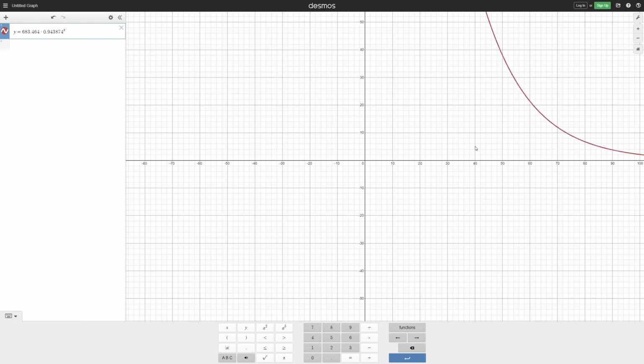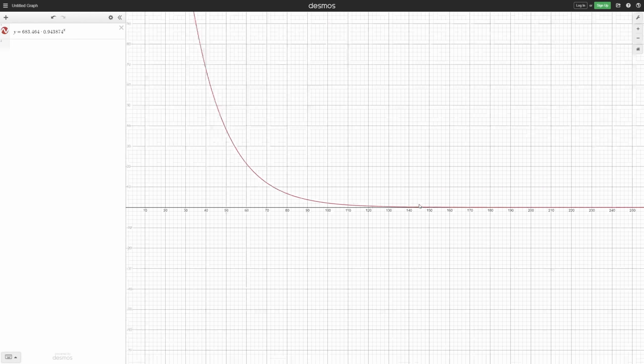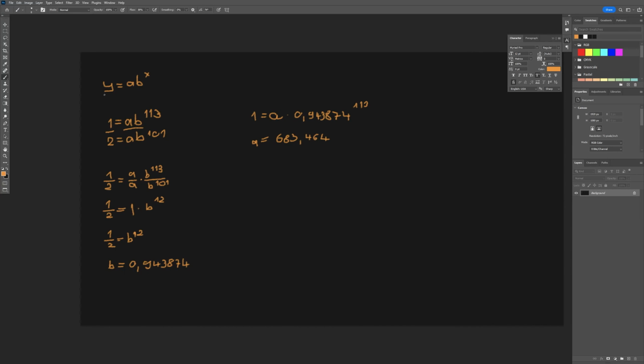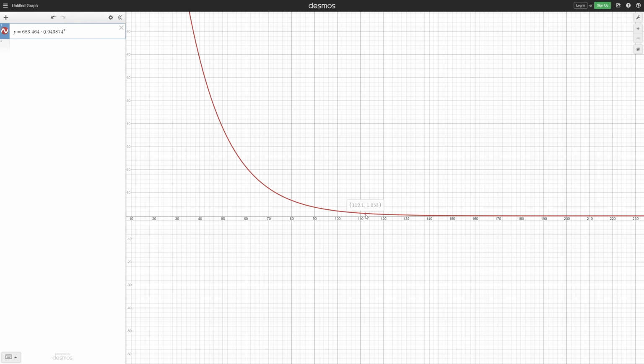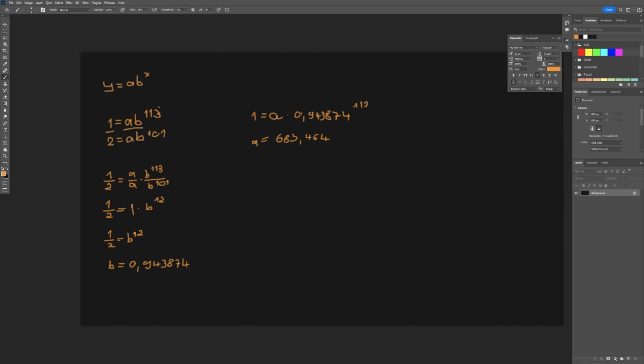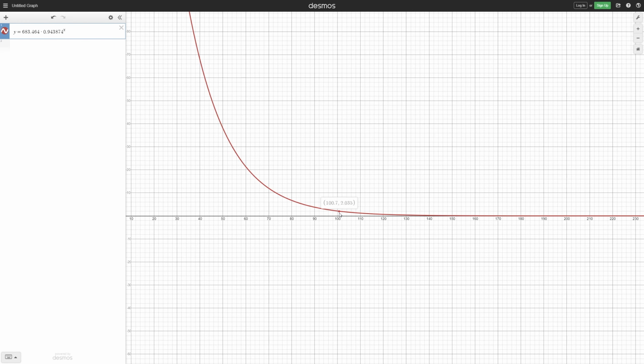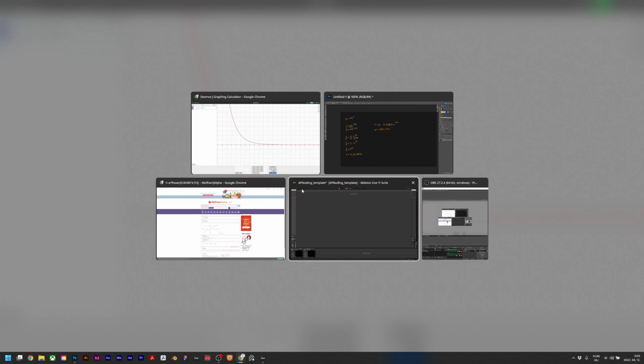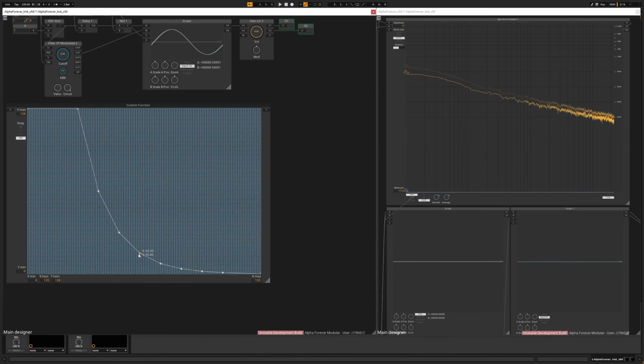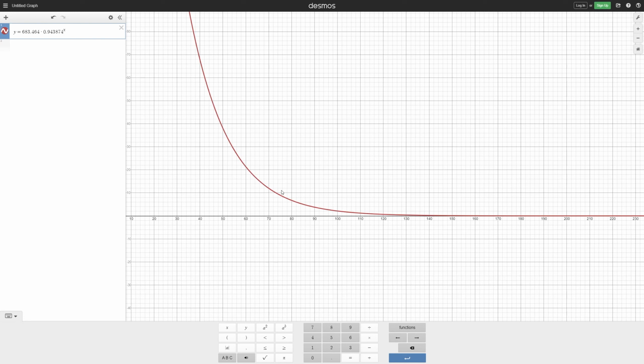Isn't it right? Oh, so let's see. On 113 we should have 1. And we have it. And on 101 we should have 2. That's nice. Let's take a look at the rest. If we choose 16, it should be around 65.